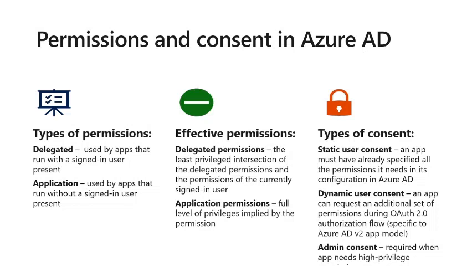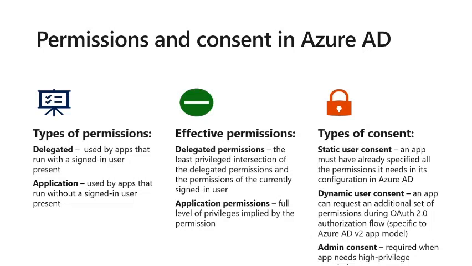Permissions and consent in Azure Active Directory. Azure Active Directory makes extensive use of permissions for both OAuth and OpenID Connect flows. When an app receives an access token from Azure AD, the access token will include claims that describe the permissions that the app has in respect to a particular resource.